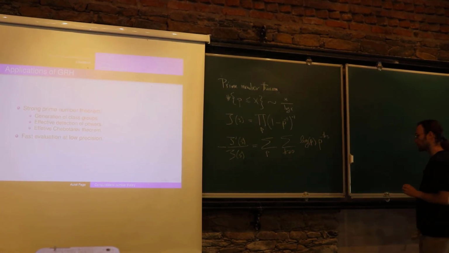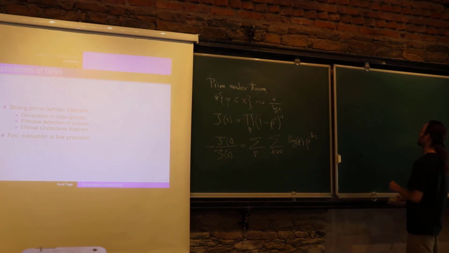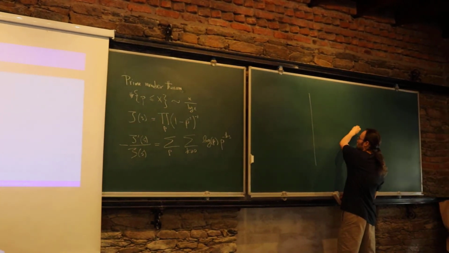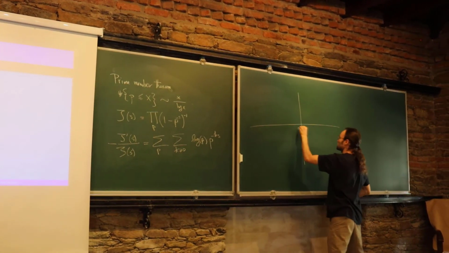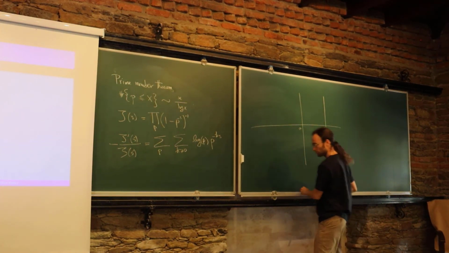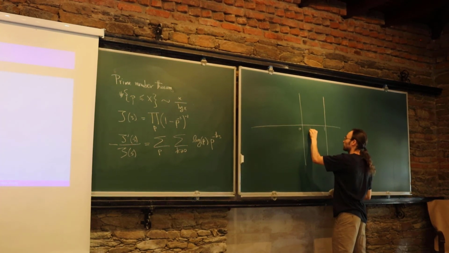And then how do you obtain the counts that you want? So let's write again our diagram with the 0 and 1 here, and 1/2 there.